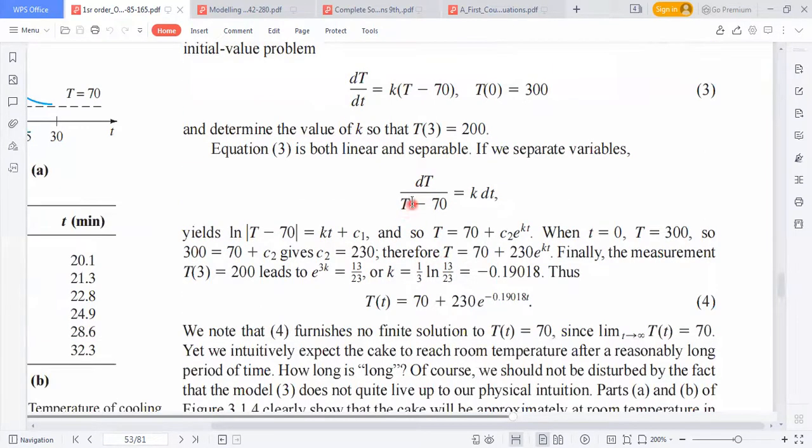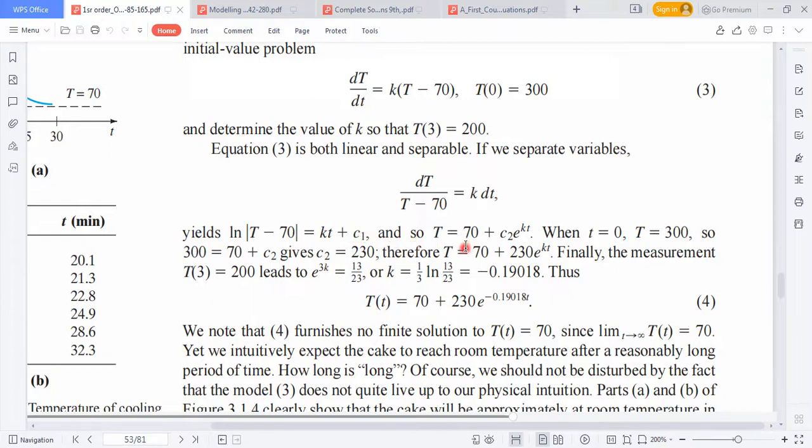So dT over (T minus 70) equals k dt. Taking the integration on both sides, ln|T minus 70| equals, after integration with respect to time on the right hand side, kt plus c1, where c1 is the integral constant.